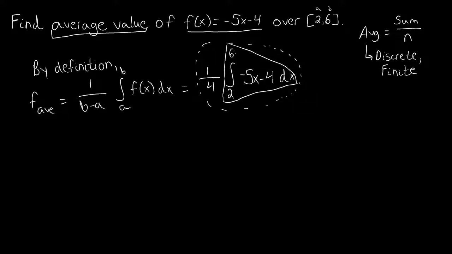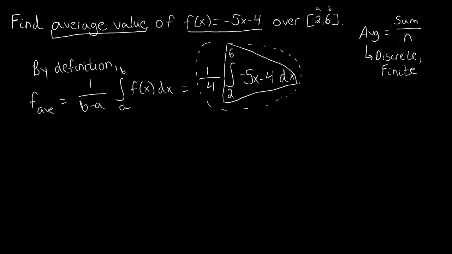What we're going to end up doing is looking at how this negative 5x minus 4 looks as it's graphed on a coordinate plane, and then we're going to cut the function from 2 to 6 on this interval and look at what shape it makes. We're going to use that shape to calculate the area. Remember how we talked about a definite integral giving us the area under some curve? In this case, it's not really going to be the area under a curve. It's going to be the area above a curve, because it's going to lie in the negative y part of the plane, just with how the function is notated.